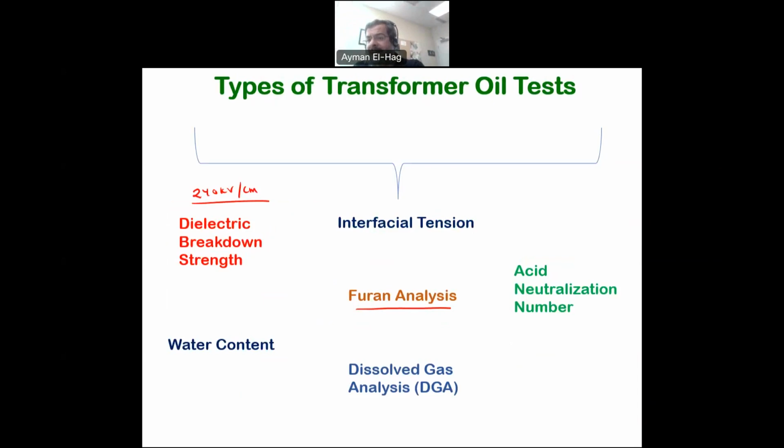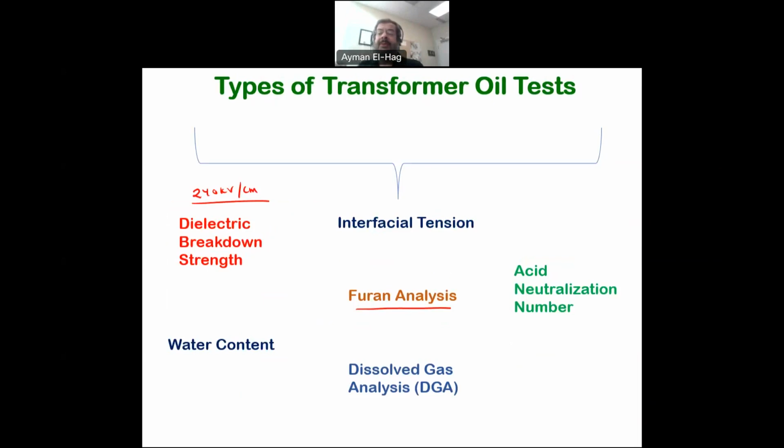Dissolved gas analysis: I showed you an arc in the previous slide. We could have different types of arcing and discharges in the oil, some of them high energy, some of them low energy, some of them just partial discharge. Each type of fault will release certain gases, so by knowing these gases, we can know the type of fault that happened in the transformer.